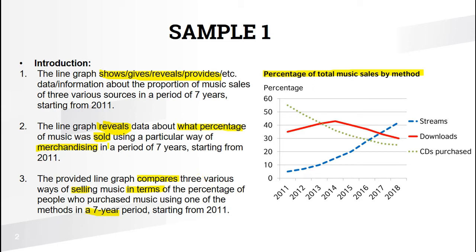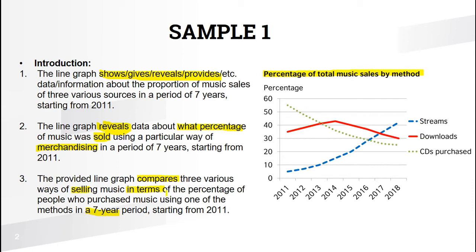Here you tell that the line graph is comparing. I think this structure is better because multiple line graphs are always comparing; they are not just showing information like in the other structures. So you can say the line graph compares either the categories, like 3 various ways of selling music, or the names, for example, streams, downloads, and CD purchases.